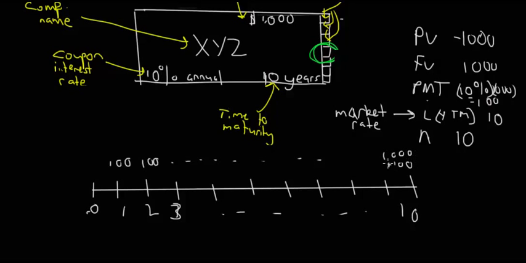So actually, if you add those together, the final payment actually comes out to 1,100. But essentially, we now know the present value is negative 1,000. The interest rate that we will use to discount is over here. The market rate is 10%. So that's essentially how you would calculate the present value of a bond.